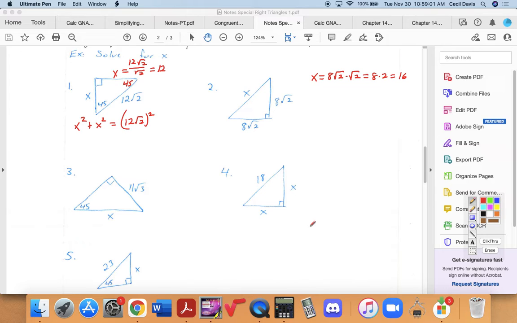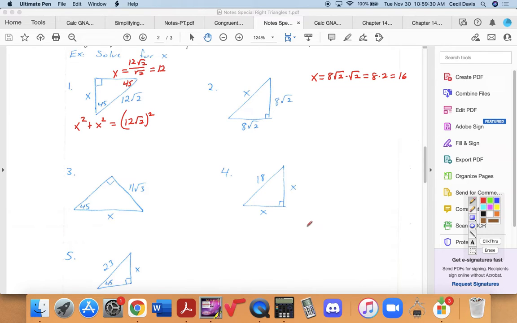How do you just magically give a square root of 2 to multiply by? Because that's the rule. There's no magic involved. Read the rule. What does it say? In an isosceles right triangle, the hypotenuse equals a leg times the square root of 2.